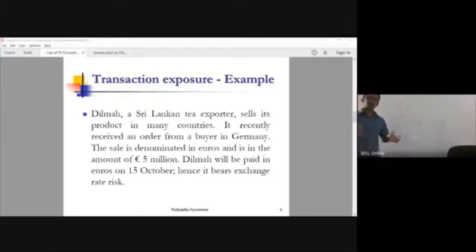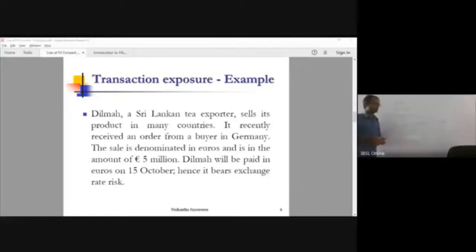There may be a time lag between when you entered into the transaction and when you get the cash flow. It doesn't matter when you deliver your goods or you receive your goods, but what matters is when you entered into the transaction and when you receive the cash flow or pay the dues, cash inflow or cash outflow. When that happens in future, you're exposed to the foreign exchange risk.